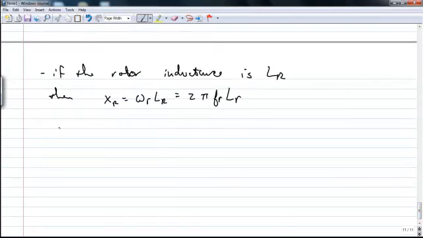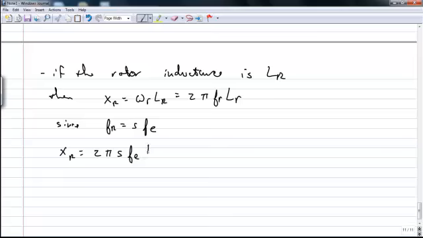And we've already said that f sub r is equal to the slip times the electrical frequency. We can rewrite x sub r equal to 2 pi s f sub e L sub r. So all I've done here is substitute the expression s f sub e in for f sub r.